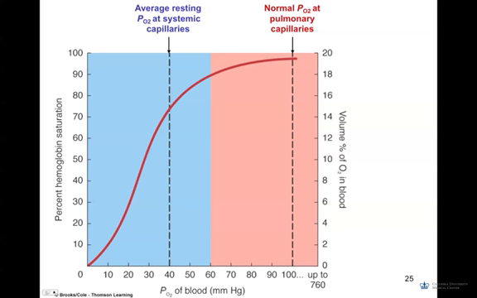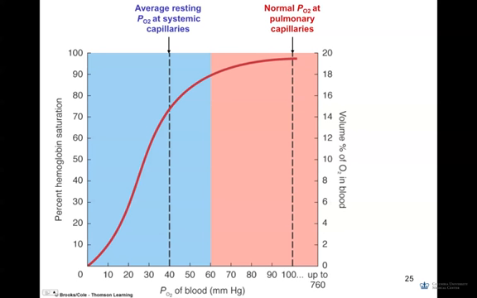If we, however, look at the other end of the spectrum, going from 90 millimeters of mercury to 100, what we see is that we barely get any change in percent hemoglobin saturation. At a PO2 of 90, the percent saturation is around 95, and at 100, it's only going up to, let's say, 98, 99.